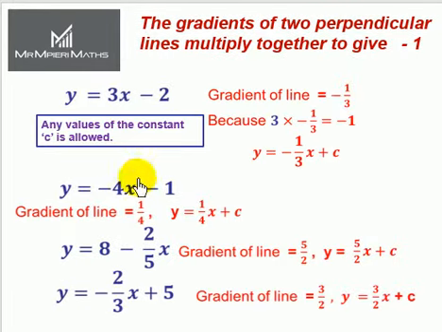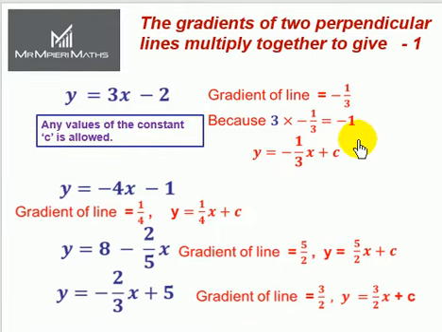Okay, now let's look at the first equation here: y equals 3x minus 2. Here the gradient is 3. The gradient of the line that is perpendicular to this has to be minus 1 over 3, because minus 1 over 3 times 3 will give you minus 1.